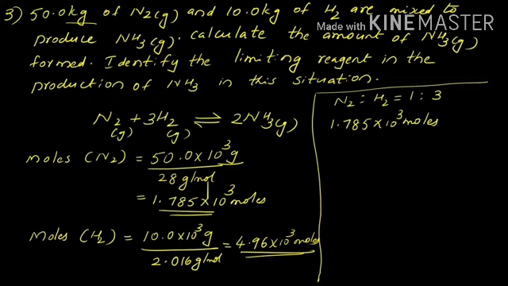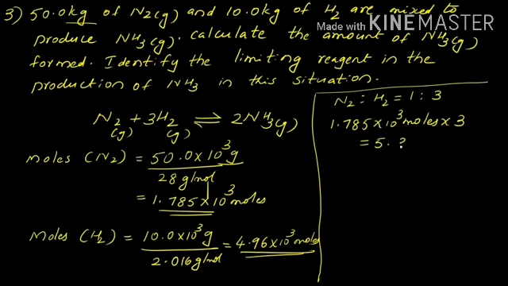We know that the number of moles of nitrogen we got is 1.785 × 10^3 moles. So according to the balanced chemical equation, if the number of moles of nitrogen is 1.785 × 10^3 moles, then the number of moles of hydrogen should be 3 times the number of moles of nitrogen, right? So what are we going to get as the number of moles of hydrogen?